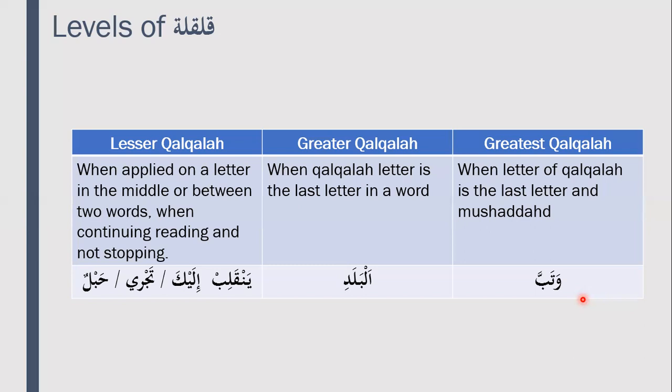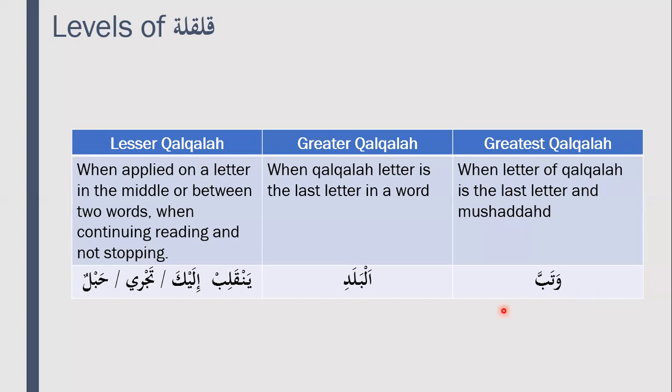When you're making Qalqalah on a letter with a shadda on it, you've got to be very careful about not putting a vowel on it, because there's vibration, you collide and then you release, so there should be separation. Because there's a double Ba, I have to say watabba, but without a vowel on the Ba.